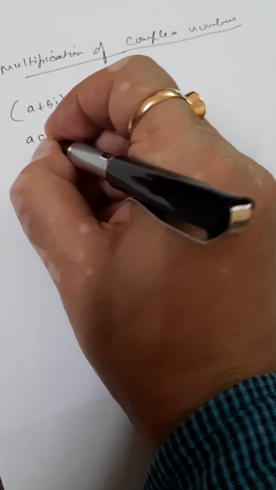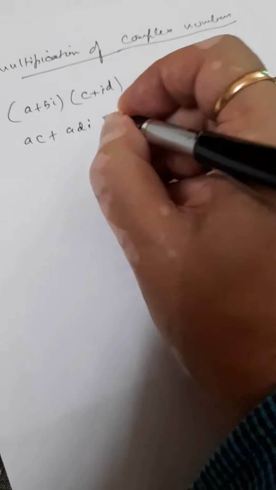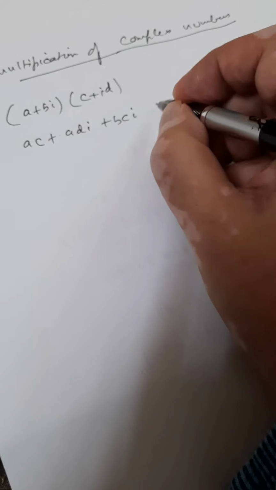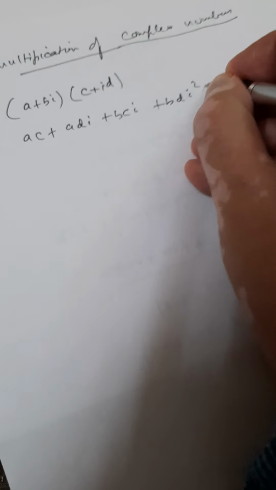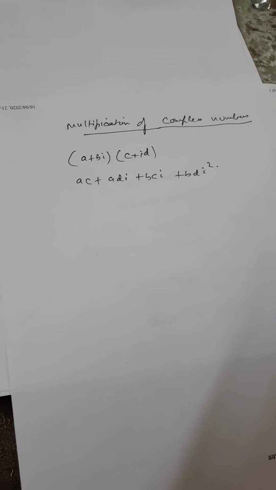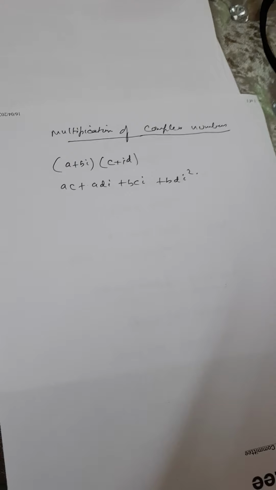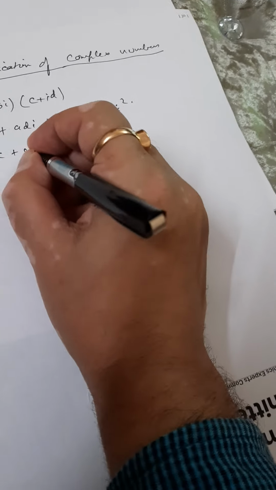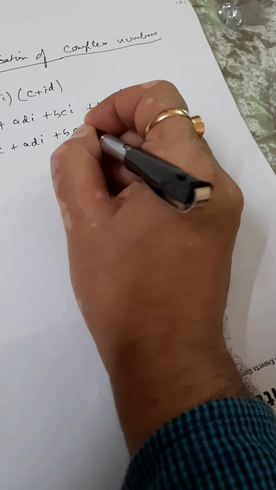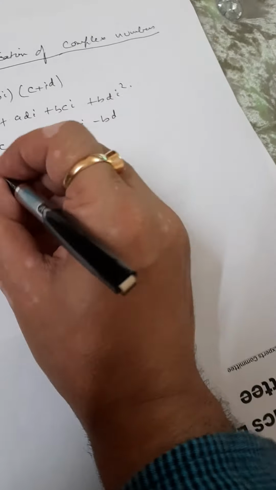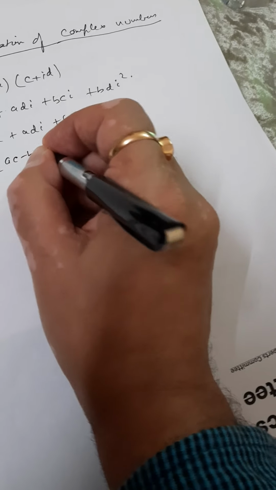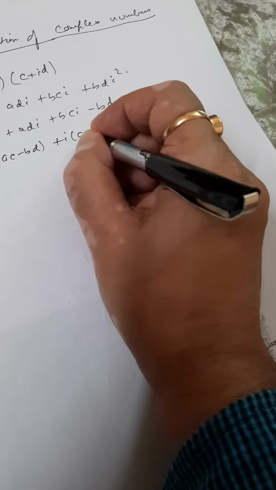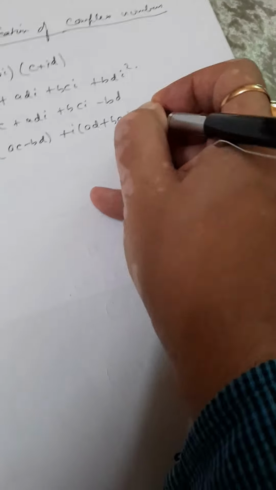So this is ac plus ad iota plus bc iota plus bd iota square. You can apply the distributive law and ordinary laws of algebra, and iota multiplied by any scalar, you can take the scalar out. So this is ac plus ad iota plus bc iota minus bd, which is ac minus bd plus iota times ad plus bc.